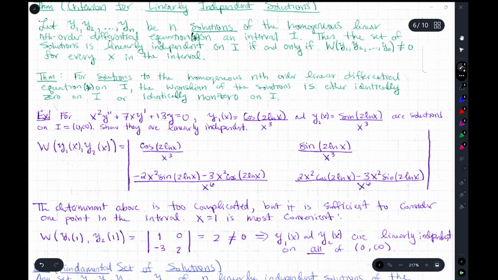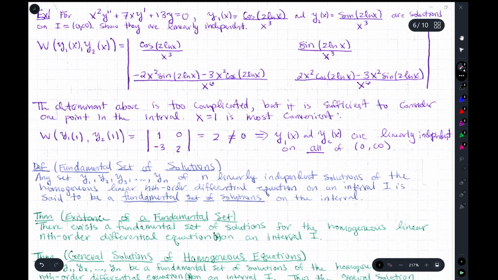You check that the Wronskian is non-zero. So, we check that the Wronskian is non-zero for n solutions to the homogeneous linear nth order differential equation on an interval I is said to be a fundamental set of solutions on the interval.